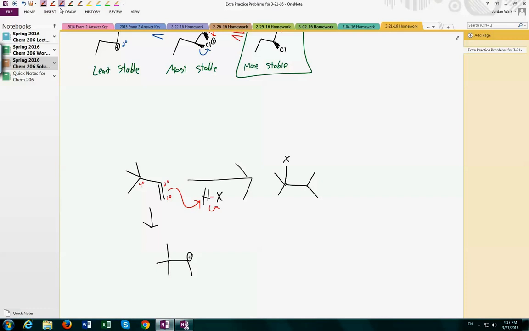Is there any shift we could do to get to this connectivity? Yeah, in this case we could undergo a 1,2 alkyl shift. It's 1,2 because of that numbering right there. We had a methyl group on a 1, and it's going to walk over to a 2, so that's a 1,2 methyl shift.